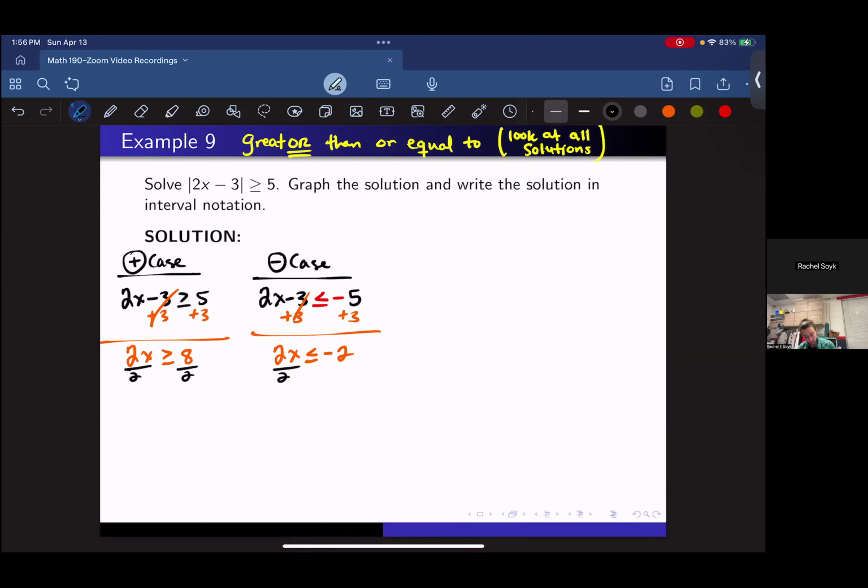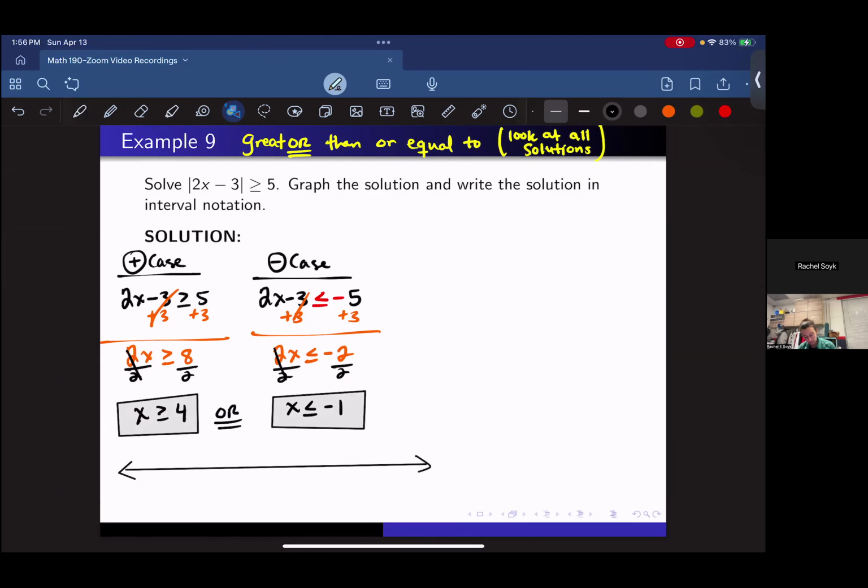Then we're going to divide both sides by 2 so that we have two different scenarios: x is greater than or equal to 4, or x is less than or equal to -1. Or stands for union, so we're looking at all possible values. Let's represent this on a number line.